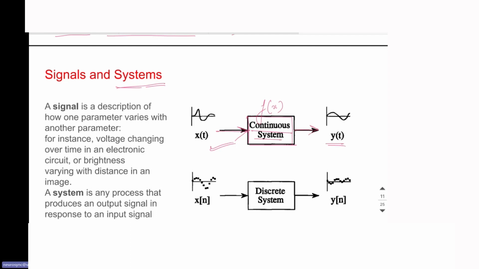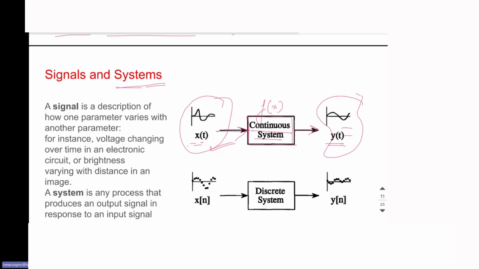Now these are both signals. X of t is also a signal, and in the output we will also get a signal. So what is this signal basically? A signal is a description of how one parameter varies with another parameter.